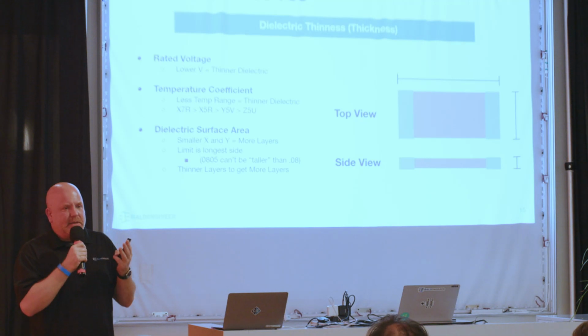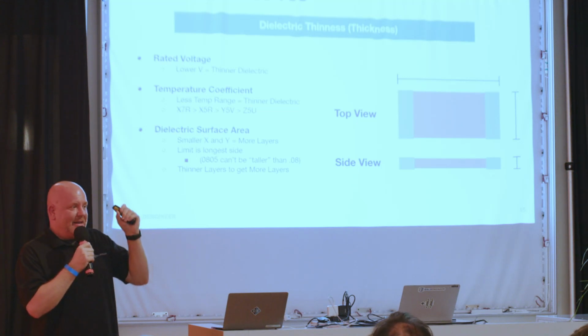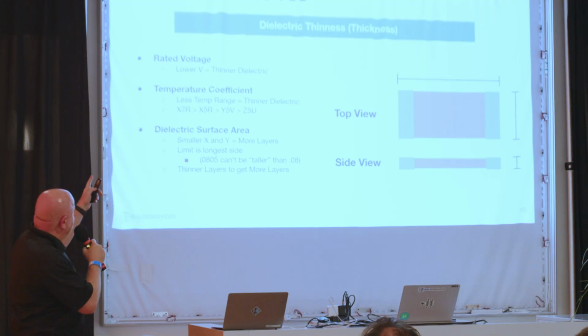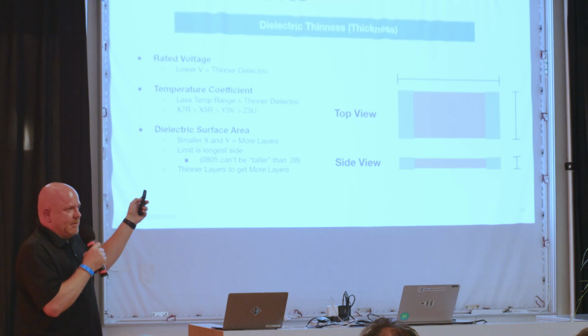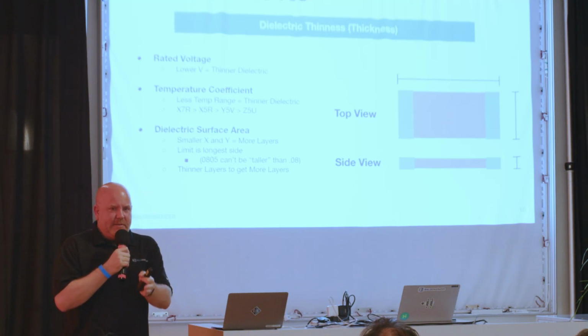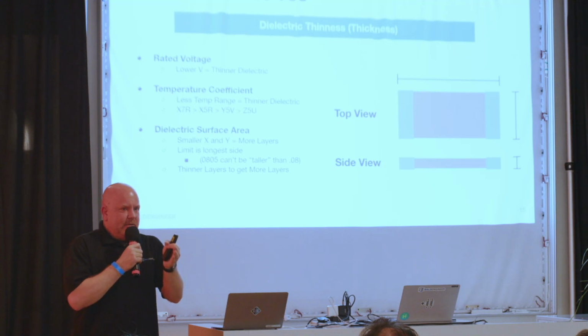So there's really 3 things they can do. The first one is they push their material properties to the limits, and they make the layers as thin as they possibly can. The second one is they reduce the voltage rating or they reduce the temperature rating. That's why if you see a 10 microfarad 0805 that's X7R, you will almost never see from the same manufacturer an 0603, 10 microfarad, that's rated X7R.